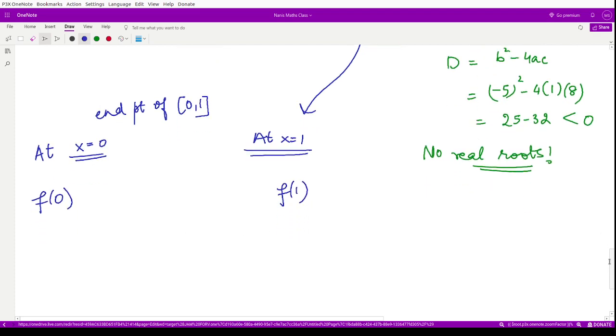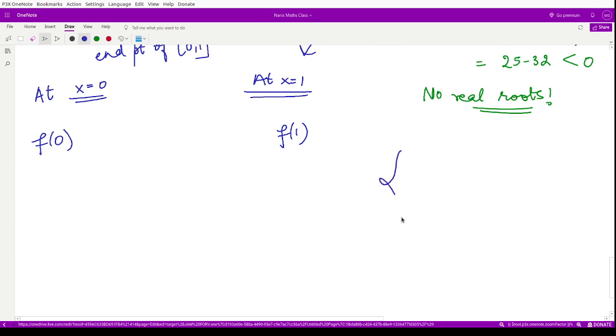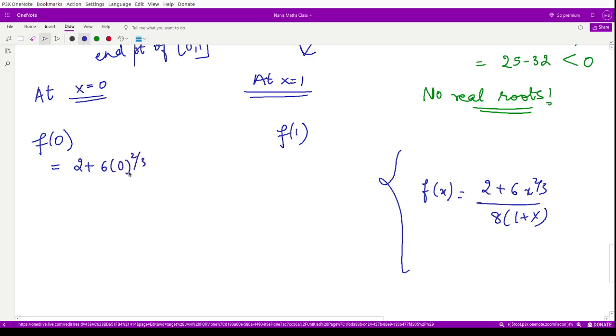Now what is your f of x? If you remember, your f of x was equal to 2 plus 6x to the power 2 by 3 divided by 8, 1 plus x. That you simplified, right? So what is your f of 0? It is 2 plus 6 into 0 to the power 2 by 3 divided by 8, 1 plus 0.